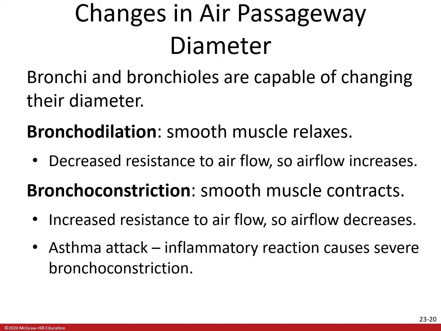If you have asthma, this is not a fun feeling when it occurs, but typically it's an inflammatory reaction that causes severe bronchoconstriction. This occurs due to chemicals called leukotrienes, and things that can help are medicines such as albuterol. This is going to cause the smooth muscle to relax in the walls of the terminal bronchioles.